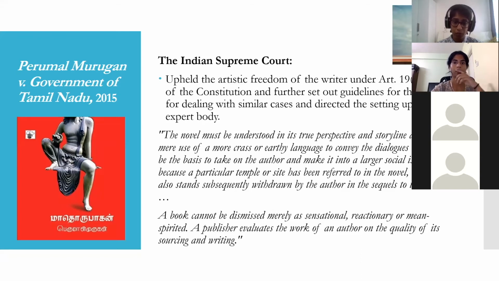Right. So over here, the Indian Supreme Court is looking at the book by Perumal Murugan, called Madhorubhagan. I might be pronouncing it incorrectly, but it was released much before the controversies around it started. It describes the travails of a childless couple and the social stigma around it.